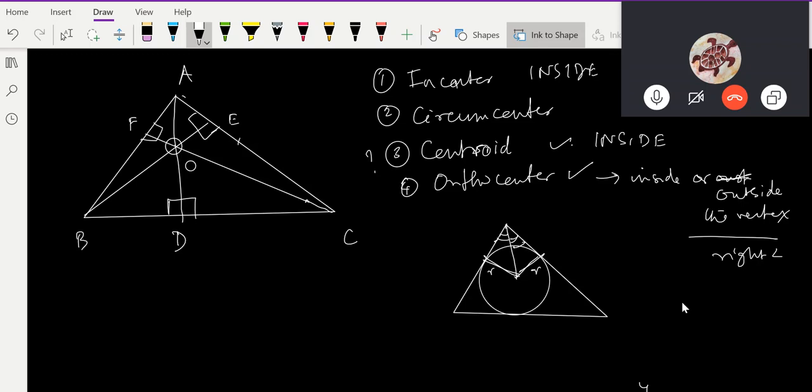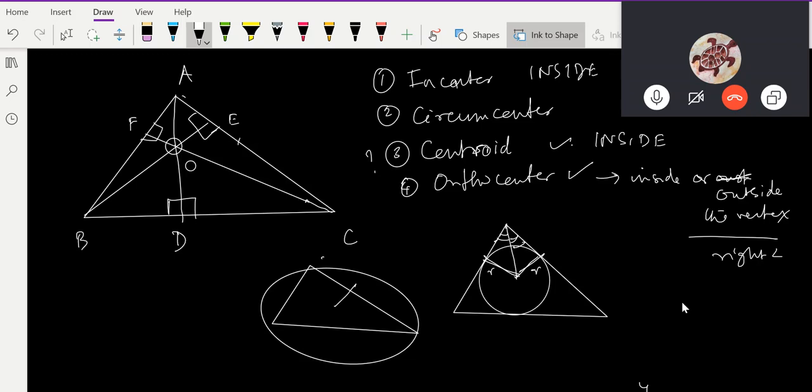Similarly, the circumcenter divides what? It divides the sides into two equal parts. We saw that yesterday, right?